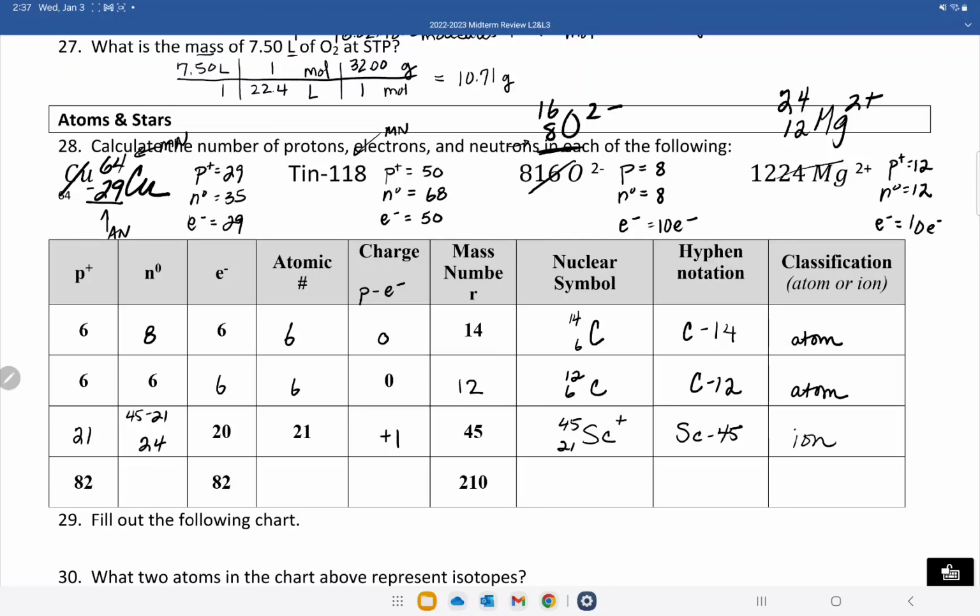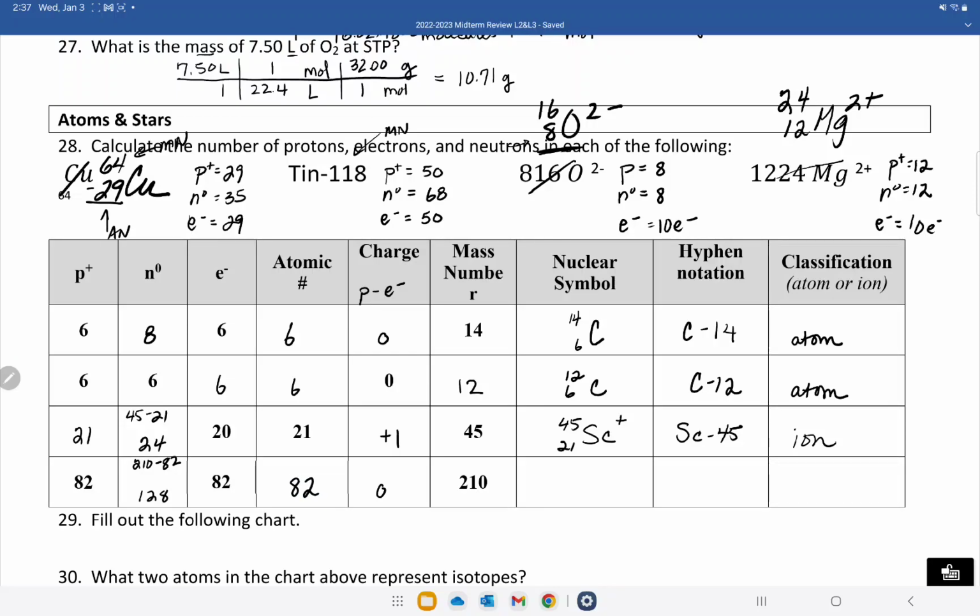Okay, if I have 82 protons and 82 electrons, it means my charge is 0. If I have 82 protons, my mass number is 210. 210 minus 82 gives me my neutrons, so that is 128. My atomic number is same as protons, which is 82.